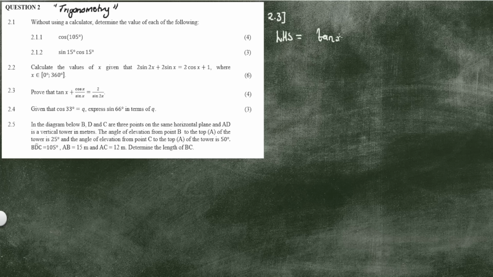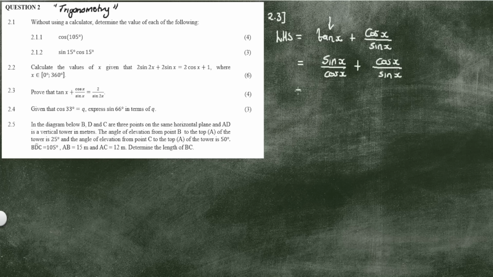The left hand side is tan x plus cos x divided by sine x. The tan is an identity, so we change it to sine x over cos x plus cos x divided by sine x.